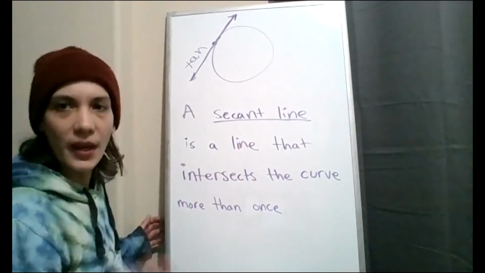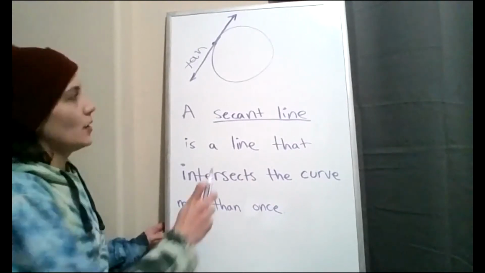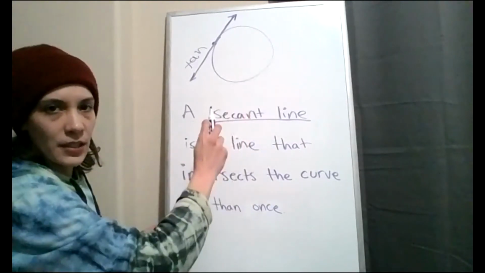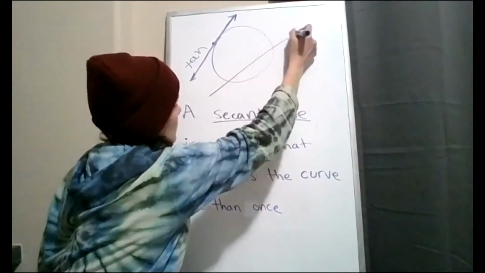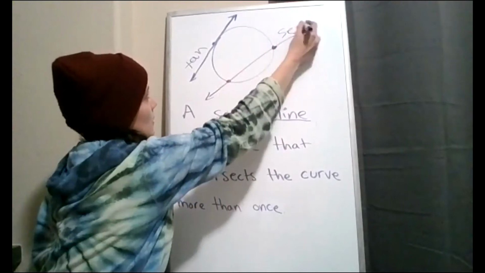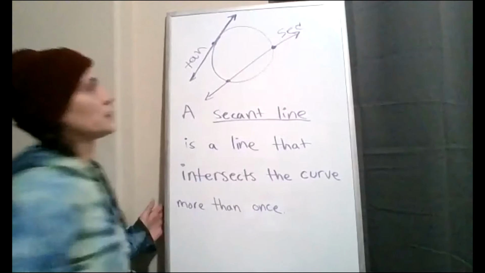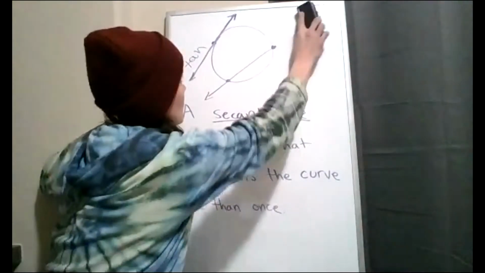We'll draw a secant line. It's going to hit this circle twice.